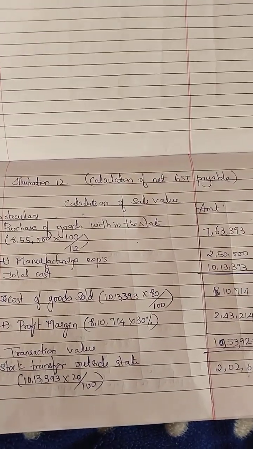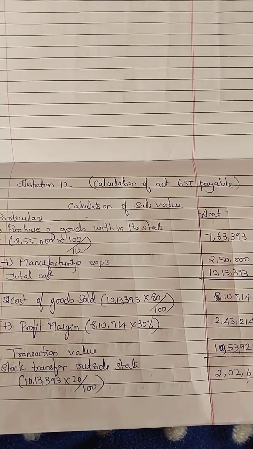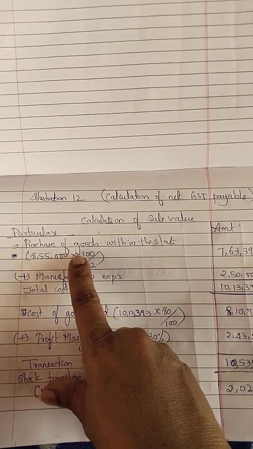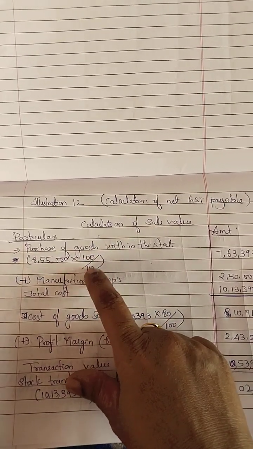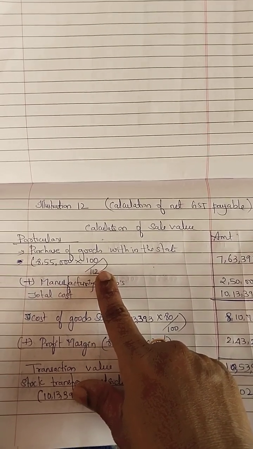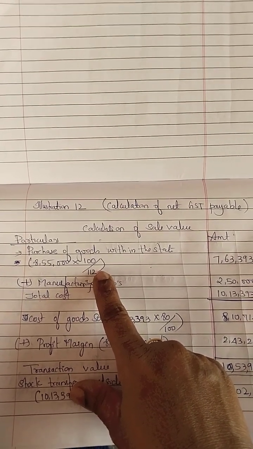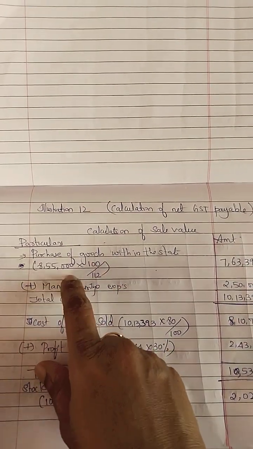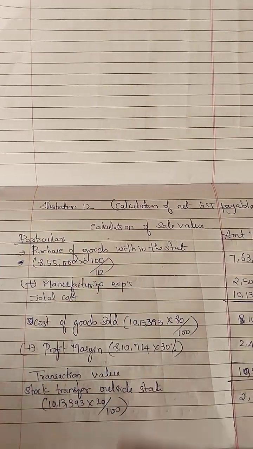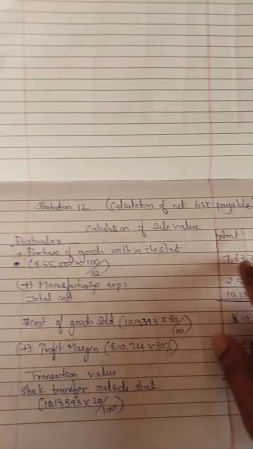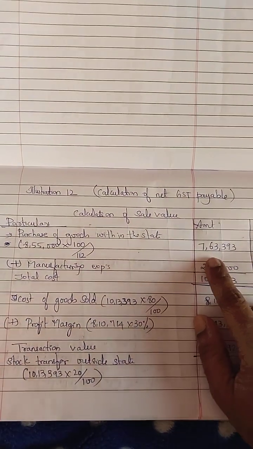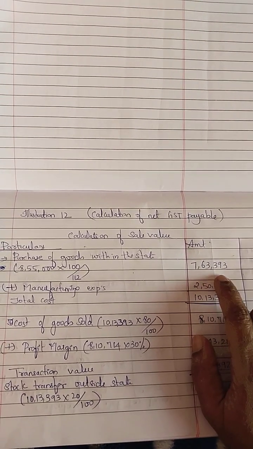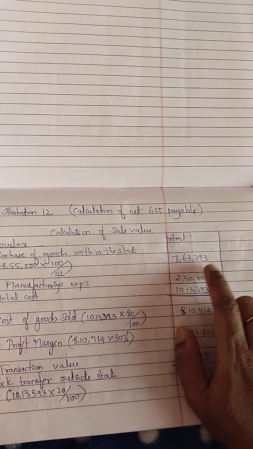I've already told you how to go about calculating, the formula as well, so I'm taking the shortcut here. 8,55,000 into 100% divided by 112%. From this you have to minus the extent of 12%, and then take the remaining amount into consideration. That way the remaining amount is going to be 7,63,393.